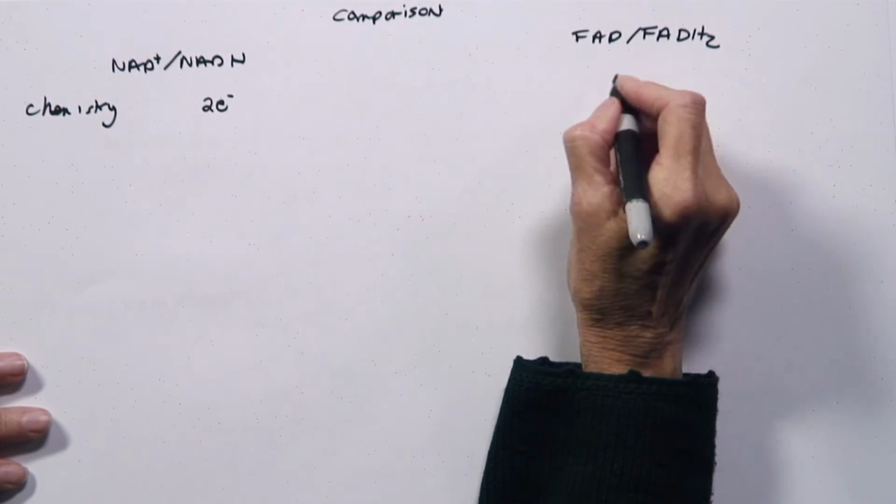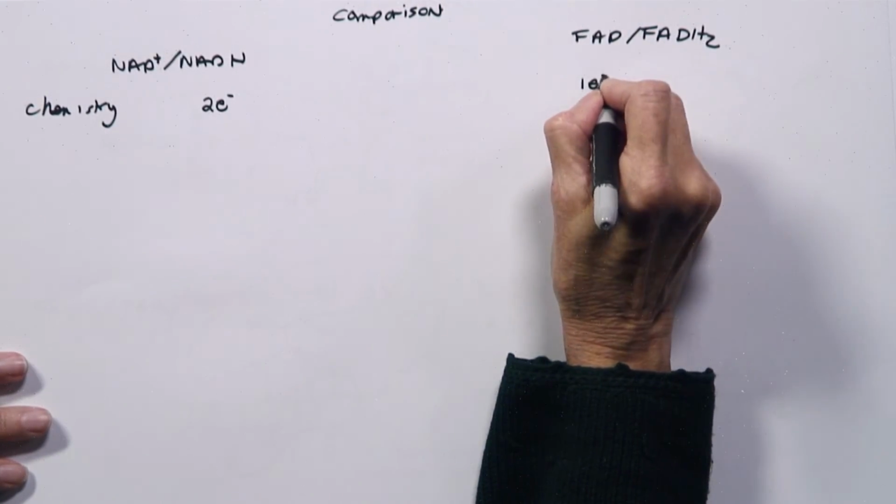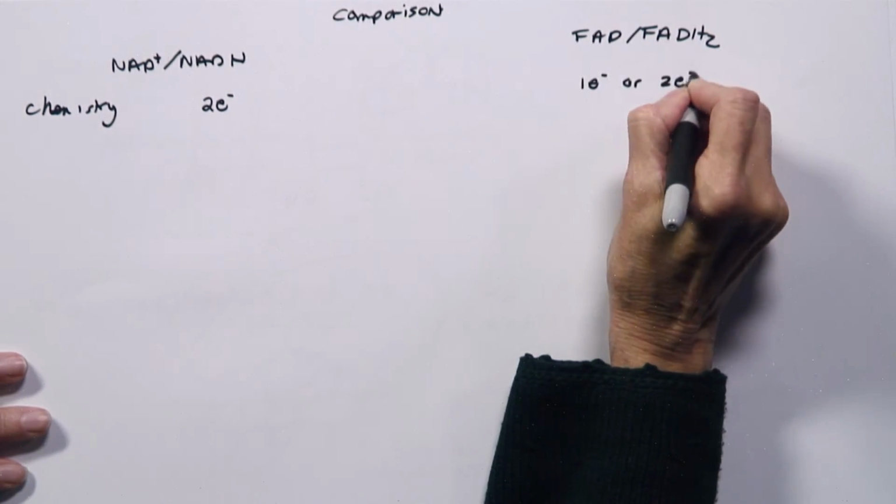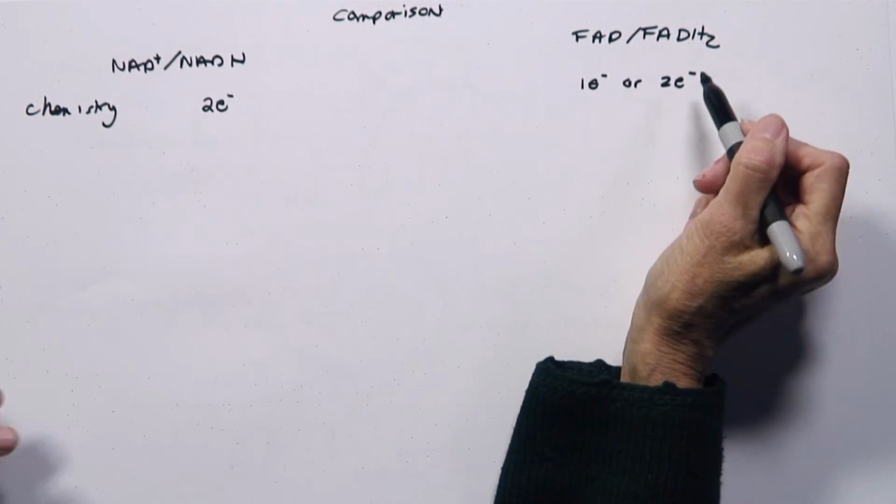On the other hand, FAD, FADH2 can do either 1 electron chemistry or 2 electron chemistry. And in fact, the function of flavins inside the cell is the major mediator between something that can donate 2 electrons and something that can accept only a single electron.